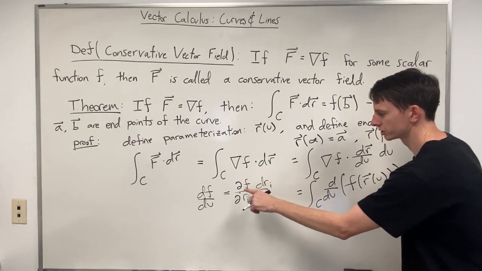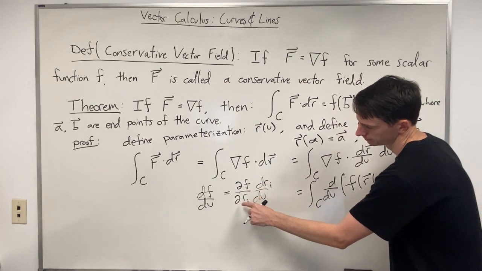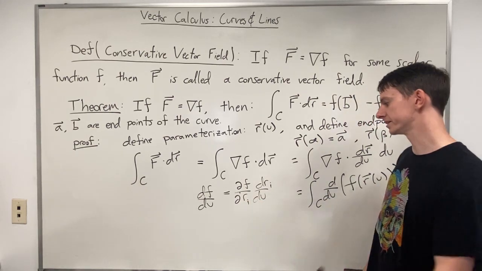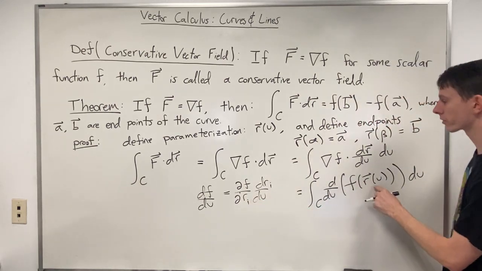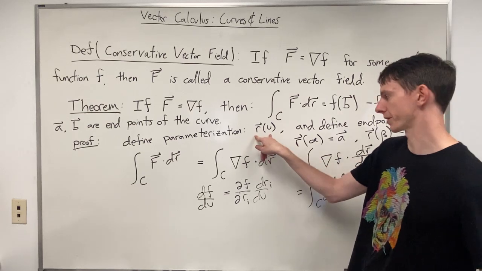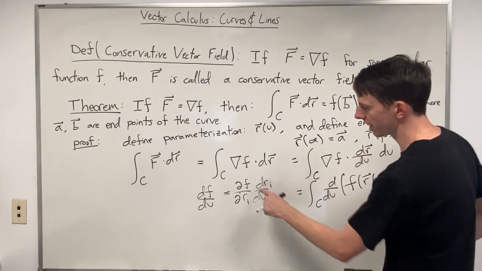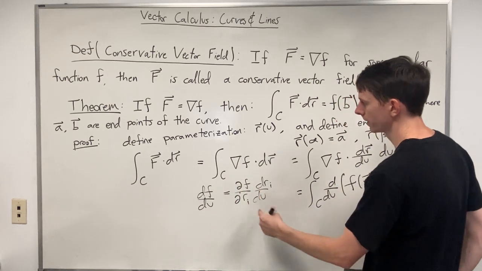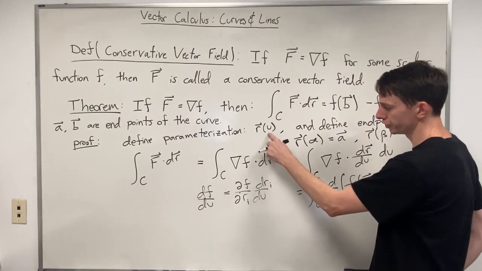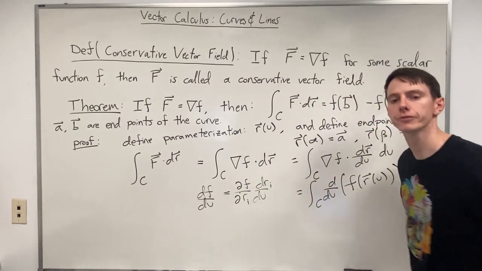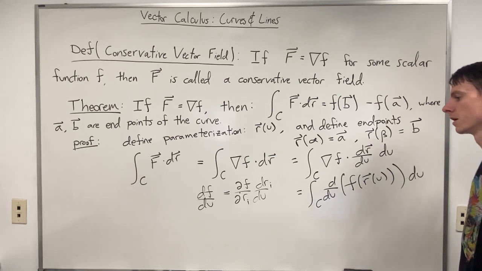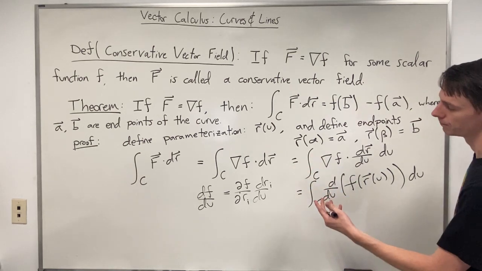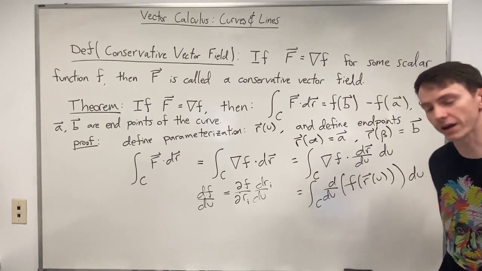Because f depends on each component. F is a function of x, y, and z, whereas r of u right here is only a single variable function. So because f depends on x, y, and z, we have a partial derivative right here. But because r only depends on u, that's why we have a total derivative right here. Anyways, this would be the expression in the case where r is a vector function.